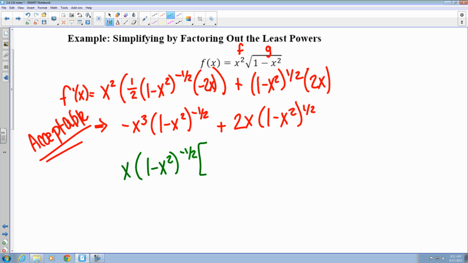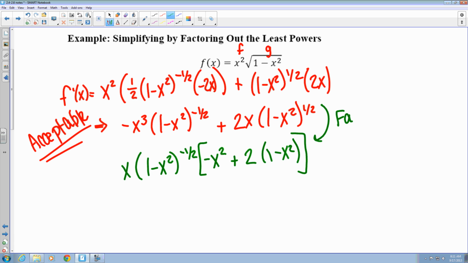So when we take that out of the first term, we have negative x squared left. And if we pull out the 1 minus x squared to the negative 1/2, that's all we have left is negative x squared. And on the next term, we have a 2 left and 1 minus x squared. Because if we divided out a negative 1/2, we're just going to have a 1 left.